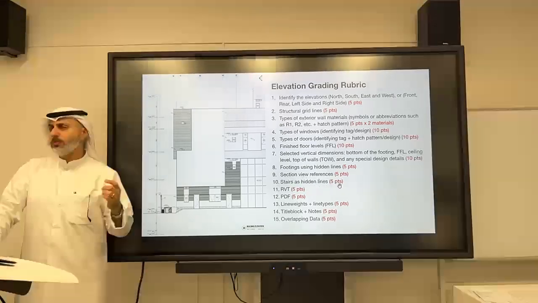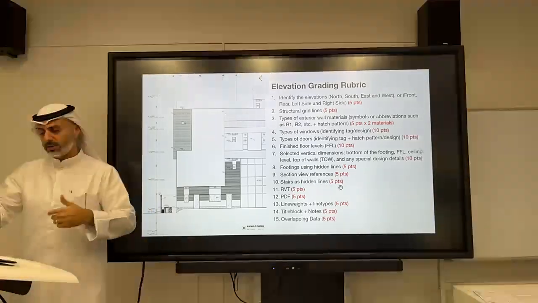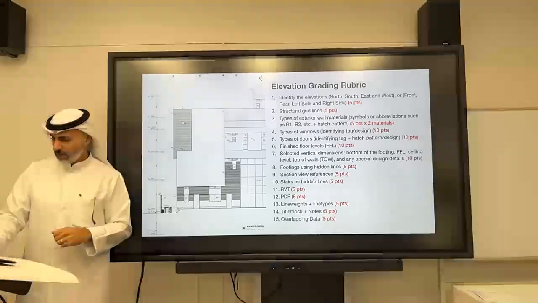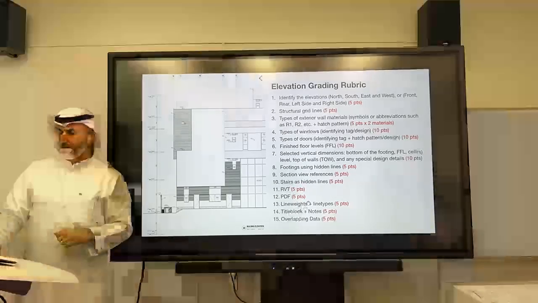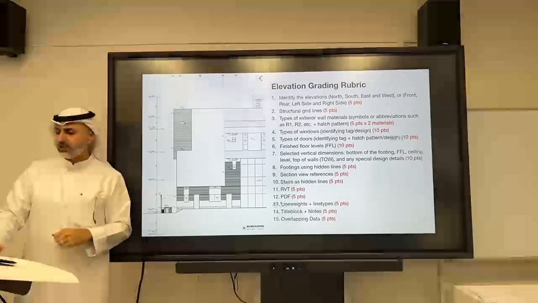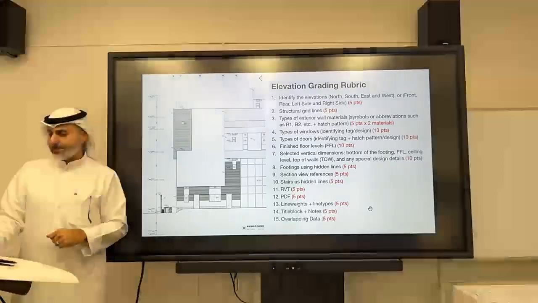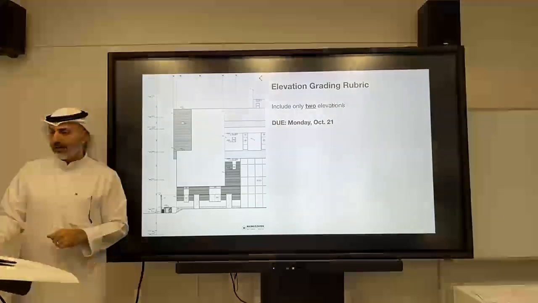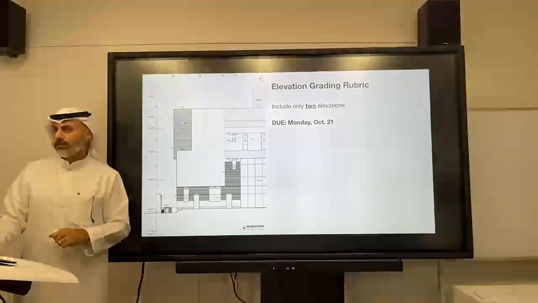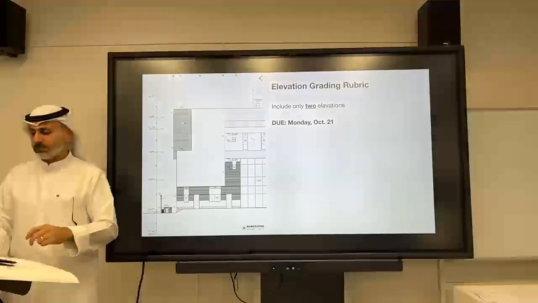Stairs as hidden lines, we may or may not show it, depending on our views, and we most likely will not show it. And the rest are the standard things: Revit, PDF, line weights, line types, and so on. Any questions? Okay, so let's jump into it.